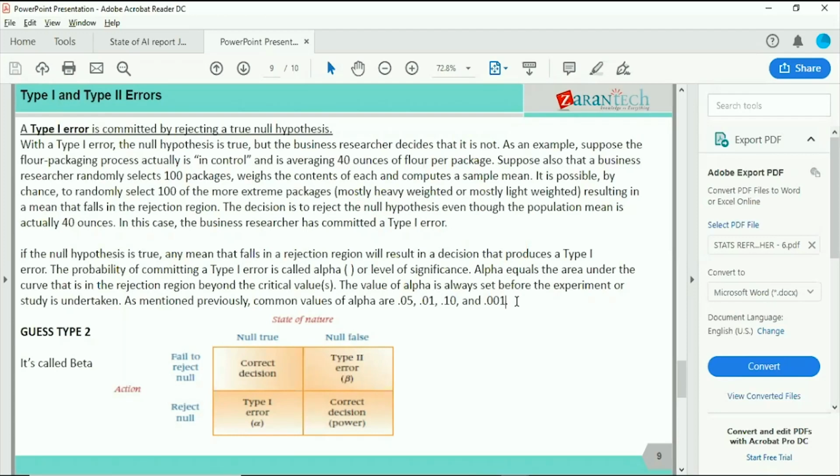Can you give me an example of a type 1 error, please, from your real life? Why don't you guys type it?